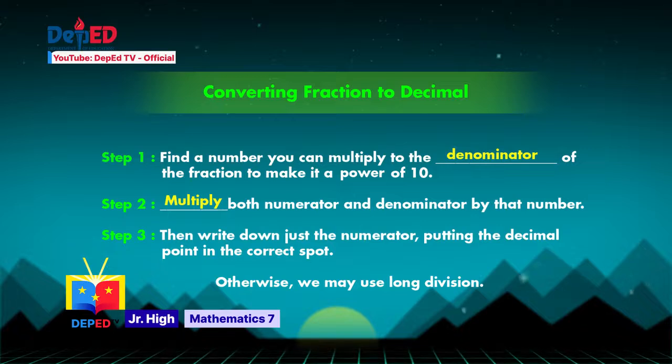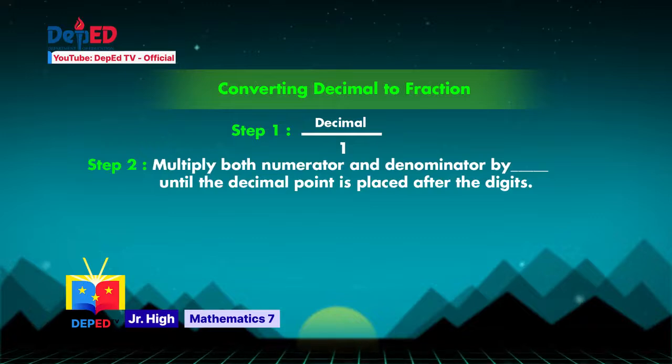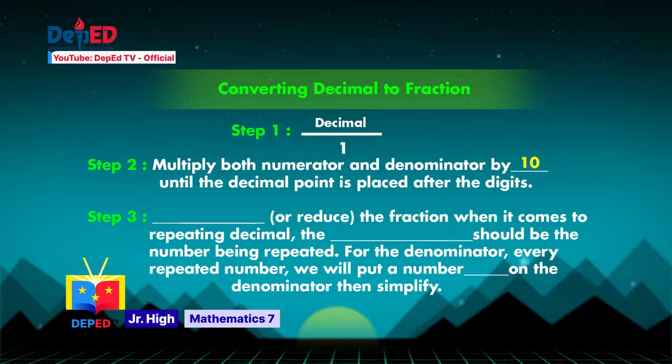How about from decimal to fraction? Step 1. It should be written in the form of decimal over 1. Step 2. Multiply both numerator and denominator by 10 until the decimal point is placed after the digits. Step 3. Simplify or reduce the fraction.